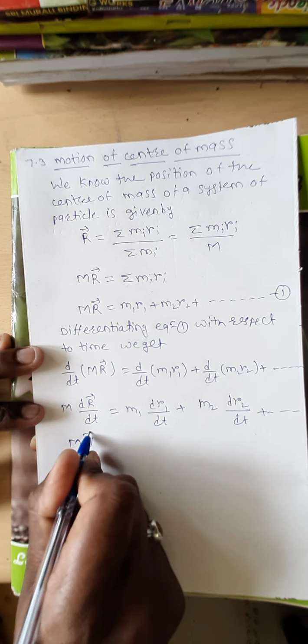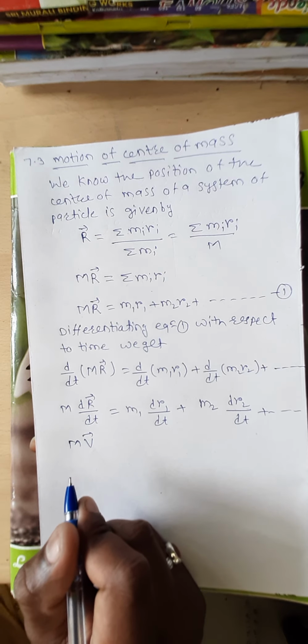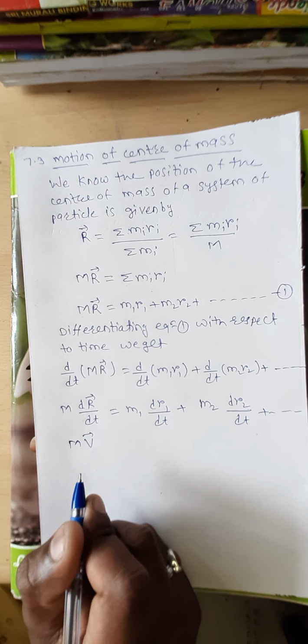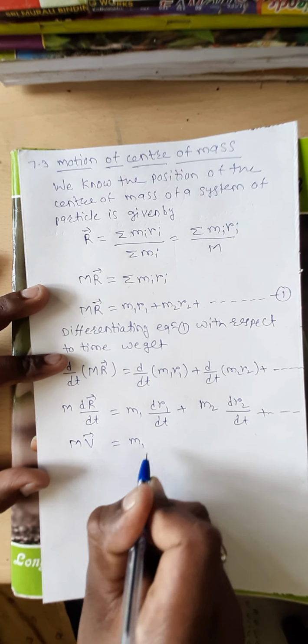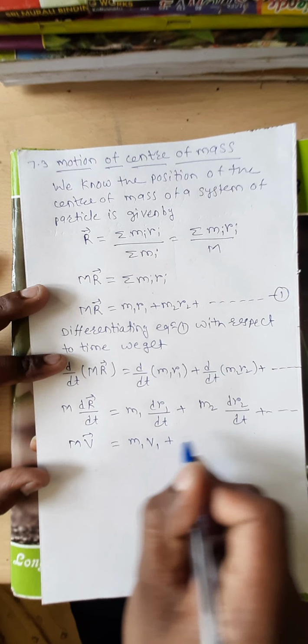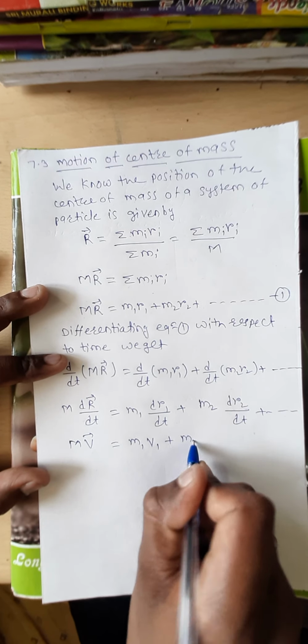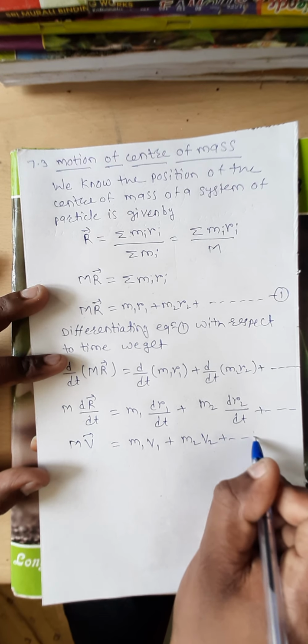Therefore M into capital V, where V is the velocity of the center of mass, is equal to m1 dr1 by dt, which is nothing but v1, plus m2 dr2 by dt, which is nothing but v2, and so on.